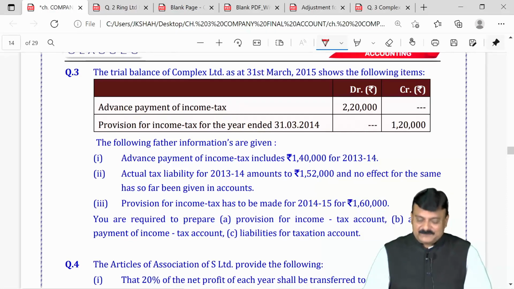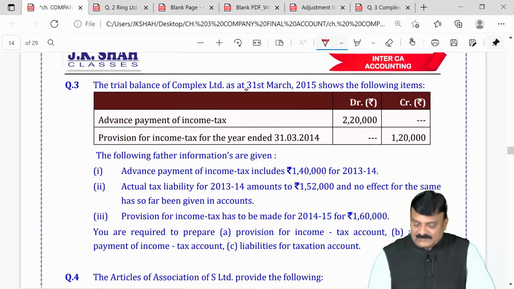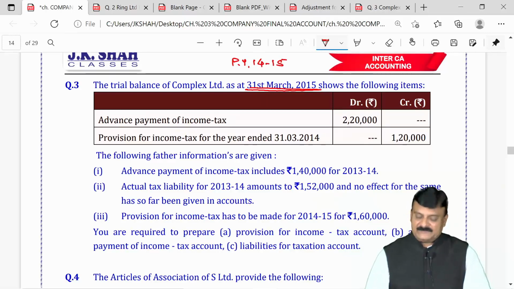Question number 3. Trial balance of Complex Limited as at 31st March 15. So our current year is 31st March 15. Current year is 31st March 15 means you are talking about the previous year 14-15. Previous year is a year word in terms of the income tax subject.